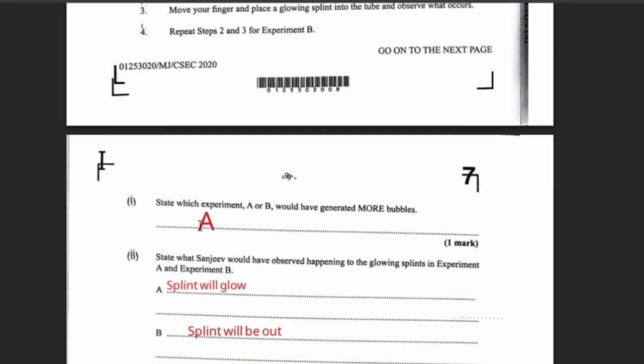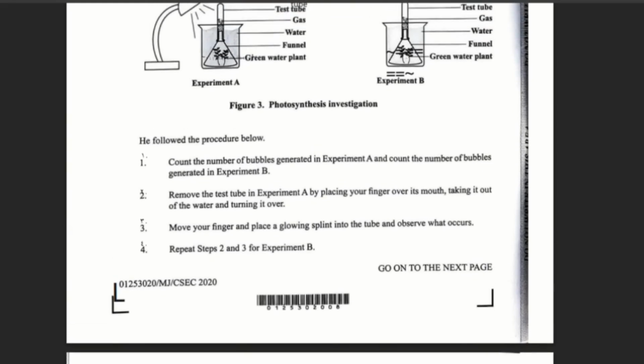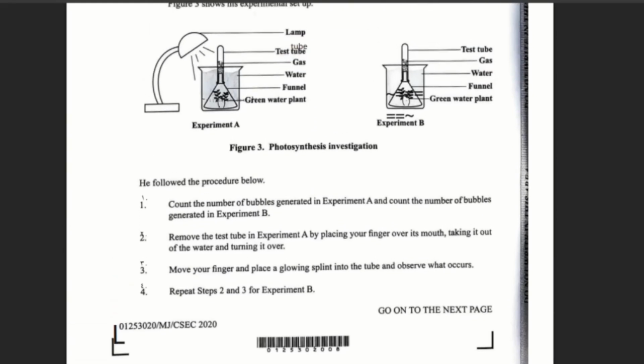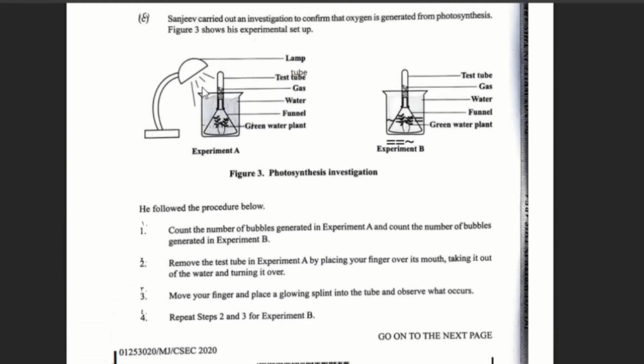Alright, so now state which experiment, A or B, would have generated more bubbles. Experiment A would have generated more bubbles, and the reason for that is experiment A had a light source. So if we go back to the photosynthesis formula, experiment A had a higher light intensity, right?